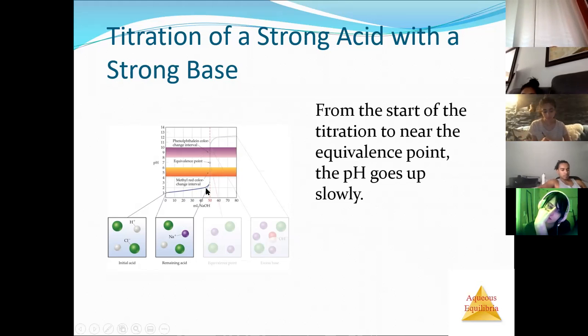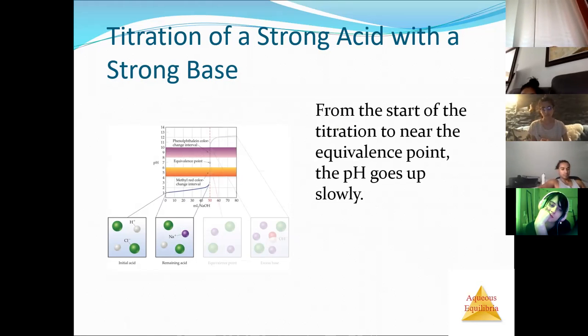until I get to the point where I've almost used up all of my acid. If I've used up all my acid, all I'm doing from that point is detecting the OH of the base I'm adding.